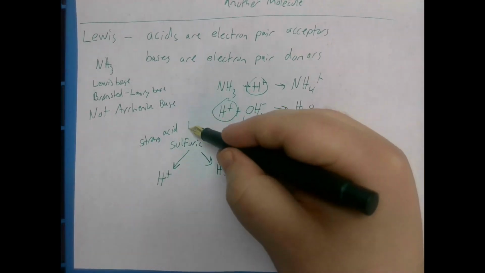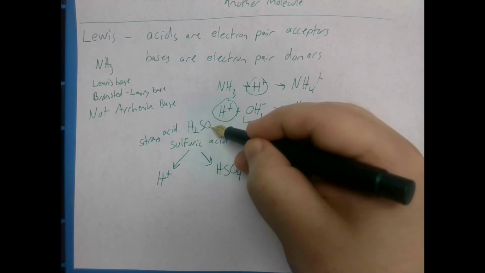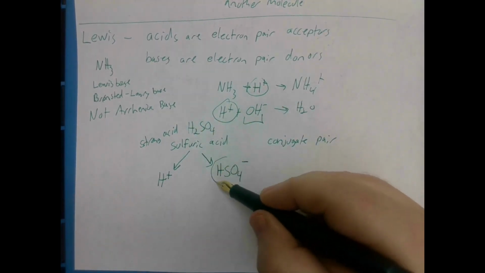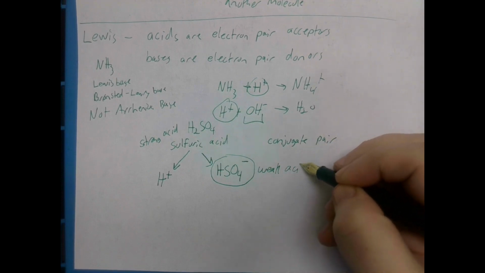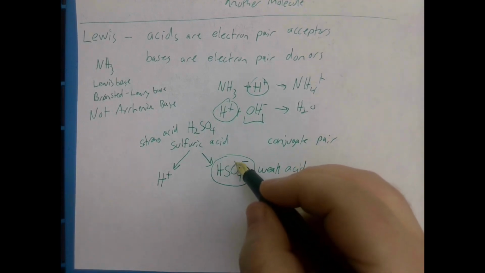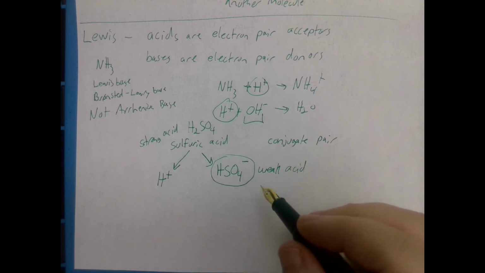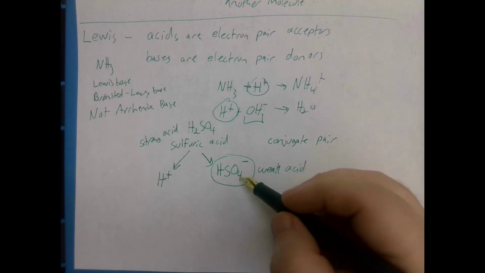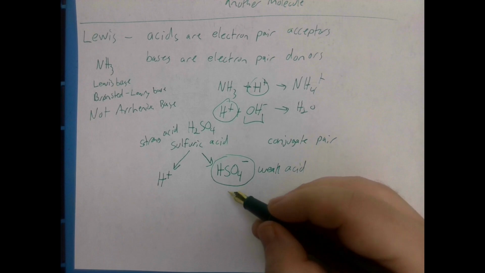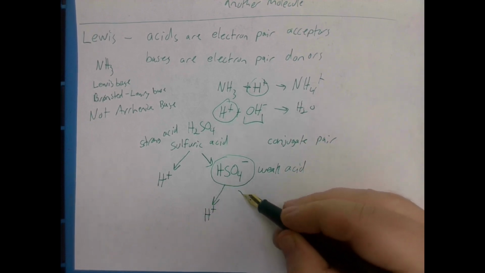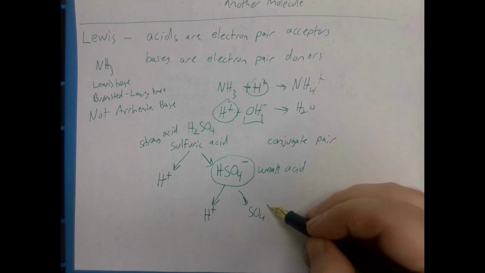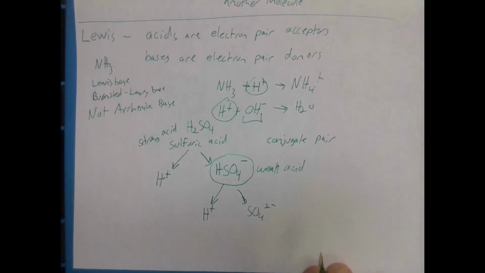You might know the formula is H2SO4. This right here is a weak acid. So just because it's an ion doesn't mean it's not acidic or basic. It can also split off into H+ and SO4 2- ions, but it doesn't do this 100%.